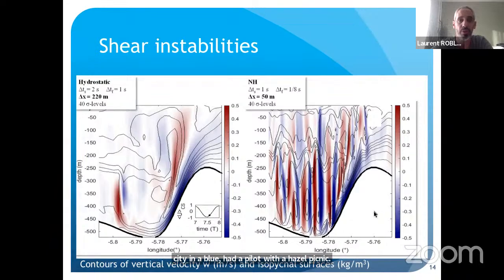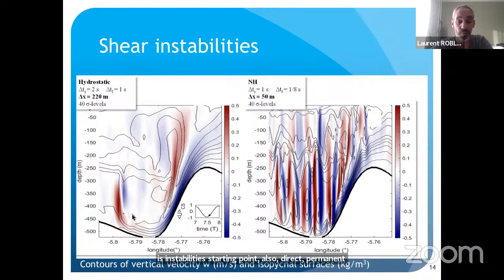If we look at the NBQ simulation, you can see explicit primary instabilities that have been identified as Kelvin-Helmholtz type instabilities, developing here at the interface of the Mediterranean and Atlantic water. These instabilities are the starting point of the direct turbulent energy cascade, transferring energy from the large scale of motion to the small scale.